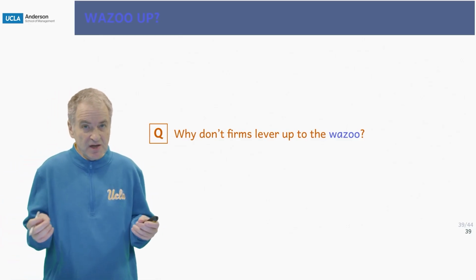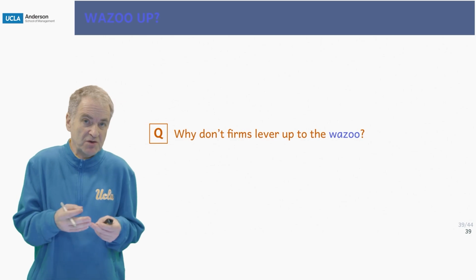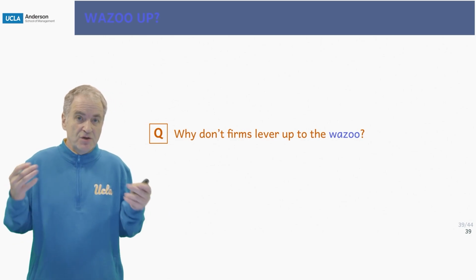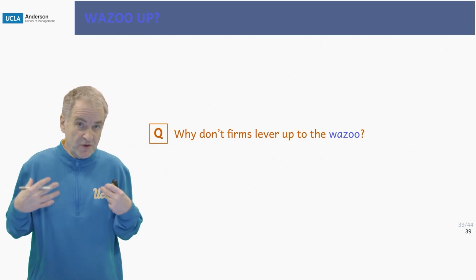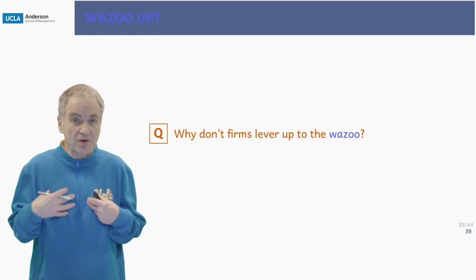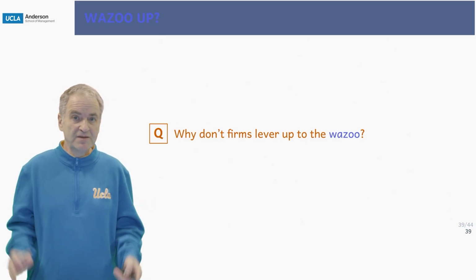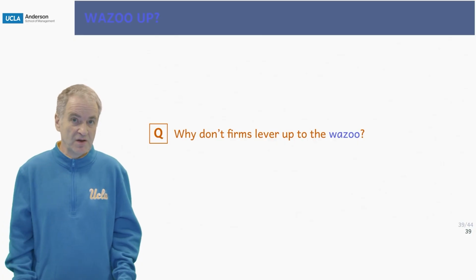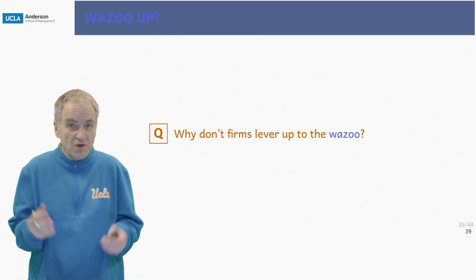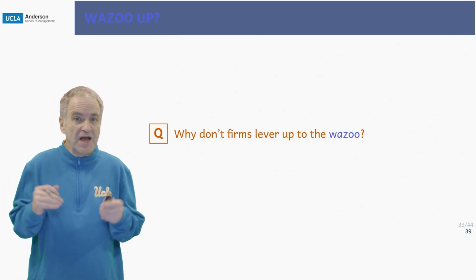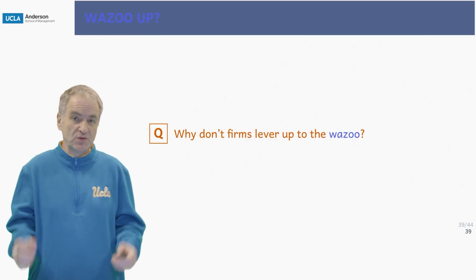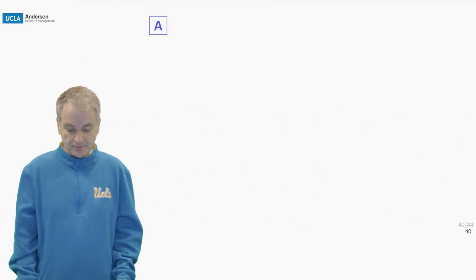To the recipient, it doesn't matter what it's called because they are tax-free. To you, it matters as a firm, it matters quite a lot because if you can call it interest, you no longer need to pay tax on the money that you otherwise would have to pay tax on. So why don't firms lever up to the wazoo? Please pause this video now, answer the question on a piece of paper, and then continue.